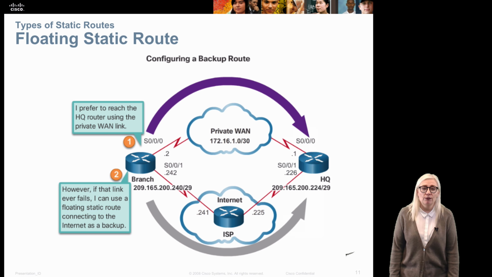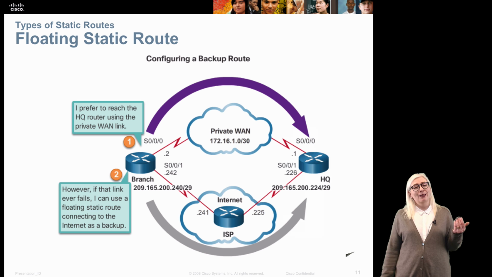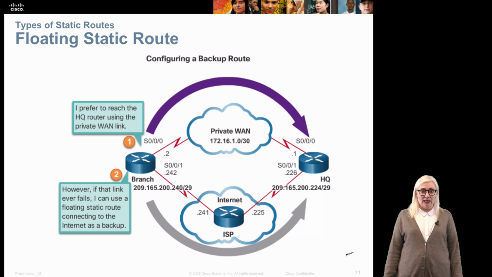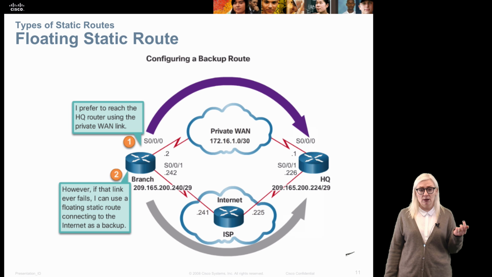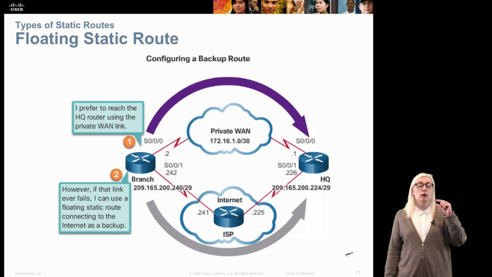And we can use them for the last one, where we have a backup route. This is called a floating static route. It's something that we configure with a higher administrative distance than the other routing protocols that are used, because the router will always look at the one with the lowest administrative distance and will choose that one.